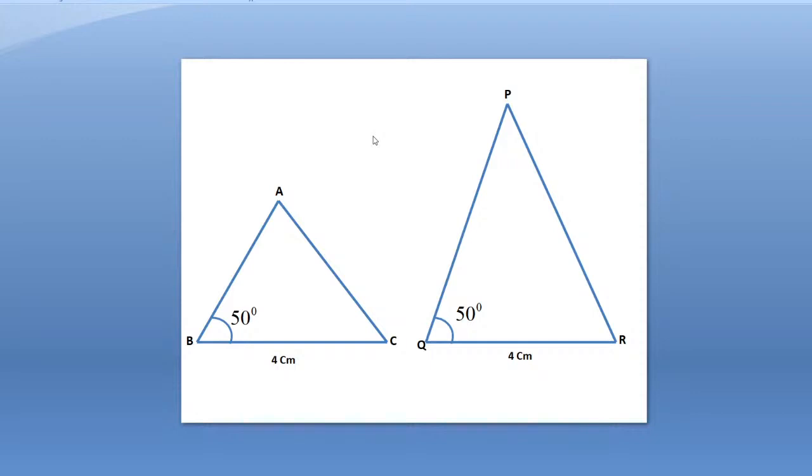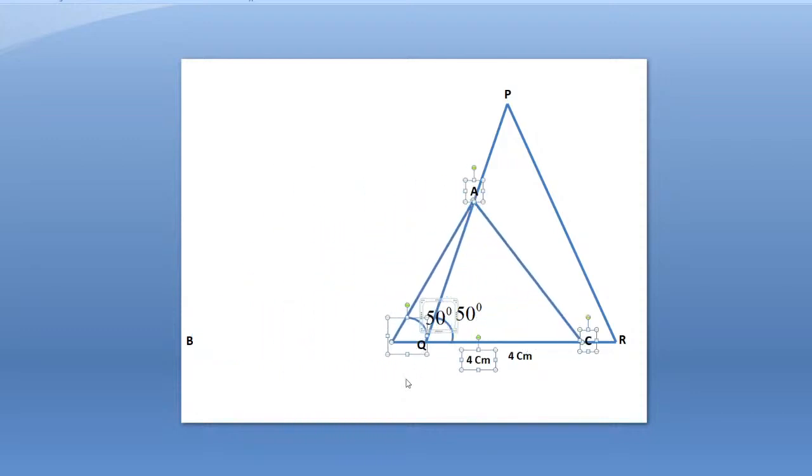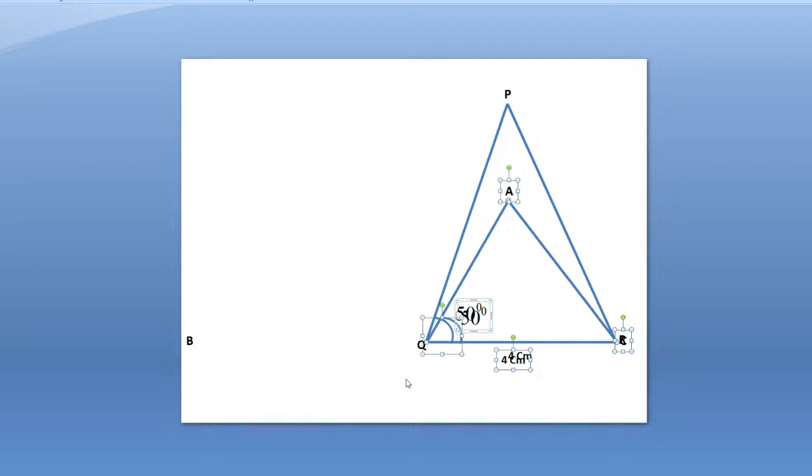One side 4 centimeter, one angle is 50 degree.